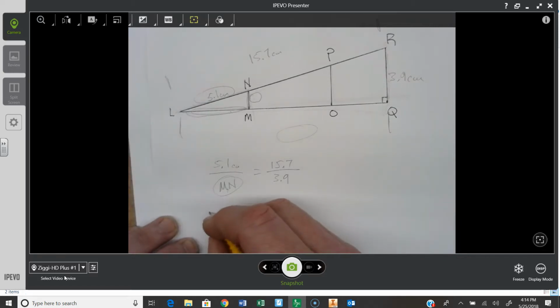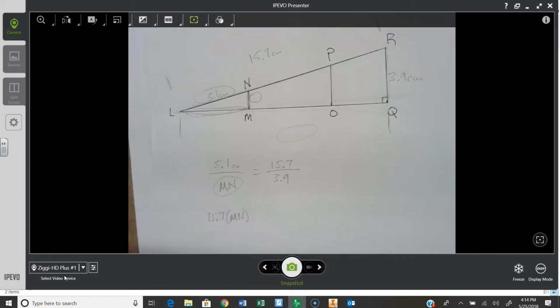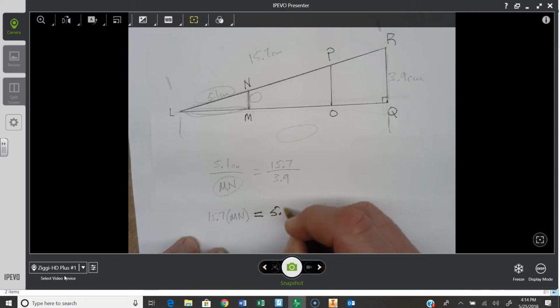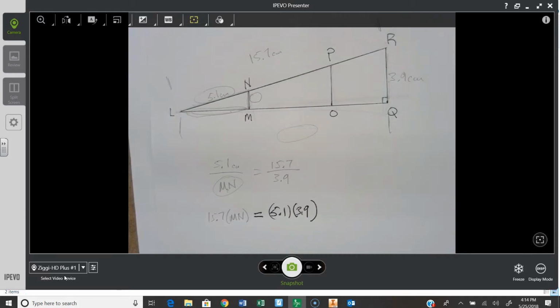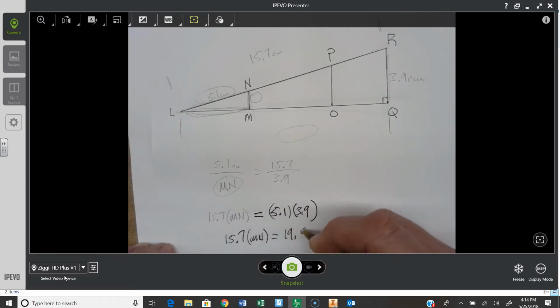So I can say 15.7 times mn, switch to a slightly darker pen, equals 5.1 times 3.9. So I have 15.7 mn equals 19.89.